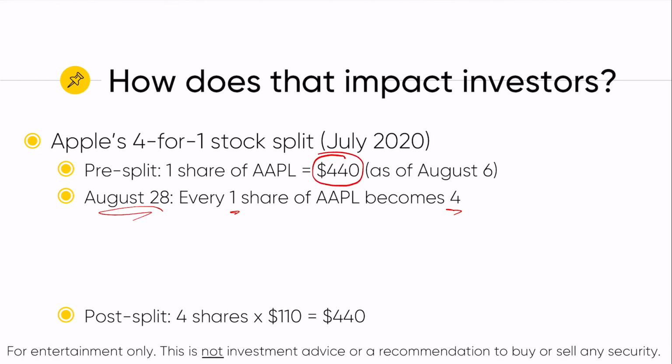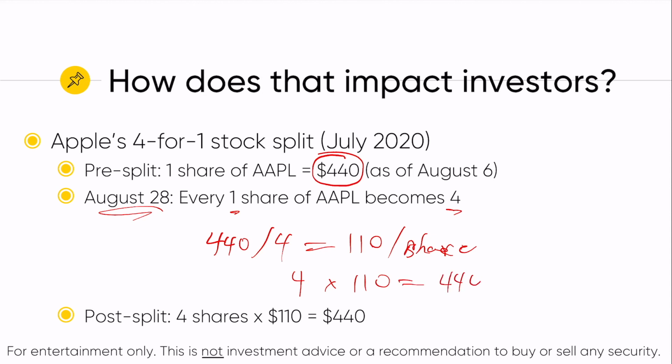If the split happened today, it would take $440 divided by 4, gets us to $110 per share. That's what the per share price would fall to. However, you're now going to have 4 shares instead of 1, so your total value will then be $440, just like it was before the split.